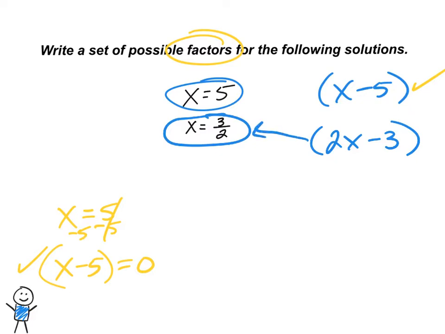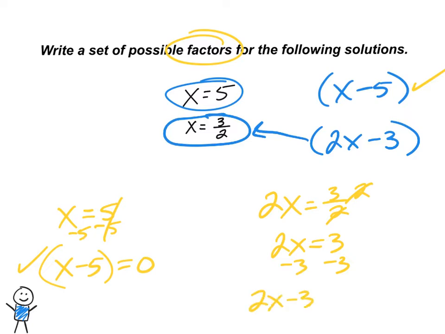And in yellow down here at the bottom right, if that's confusing to you, if this was the solution they gave me and I want to find the factor, let's set it equal to 0. We'll cancel this divided by 2 by multiplying both sides by 2, leaving me with 2x equals 3. And we'll subtract 3 from both sides, giving me 2x minus 3 so that I get 0 on the right side. There is the same factor that I came up with using the pattern.